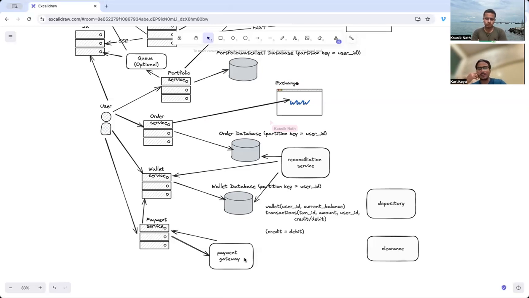Since it takes time, the user is redirected to the payment service, or the initial service, which works in a sync manner. But usually what happens is, you go to the payment gateway page, you provide your information, then there will be a sort of loader, and then it will say that the payment was successful, then it will redirect you back to the payment service.